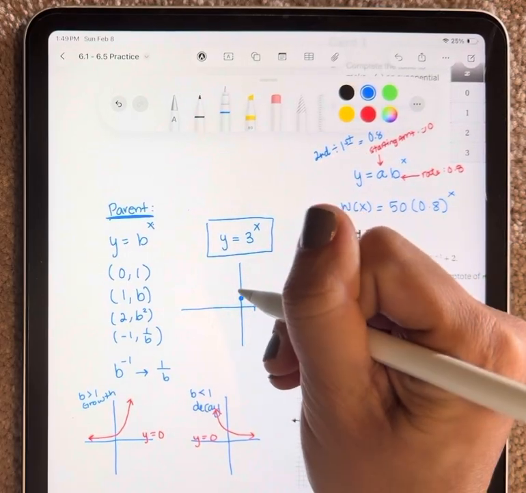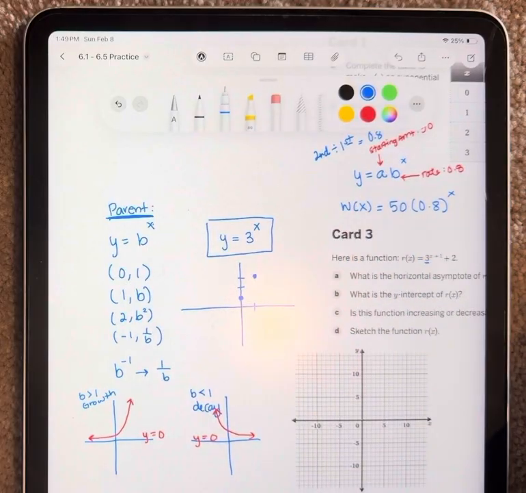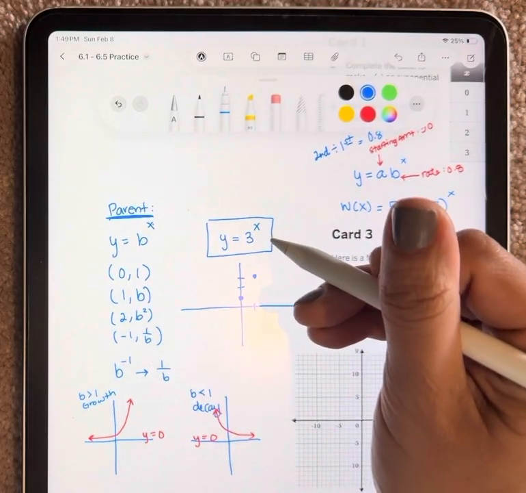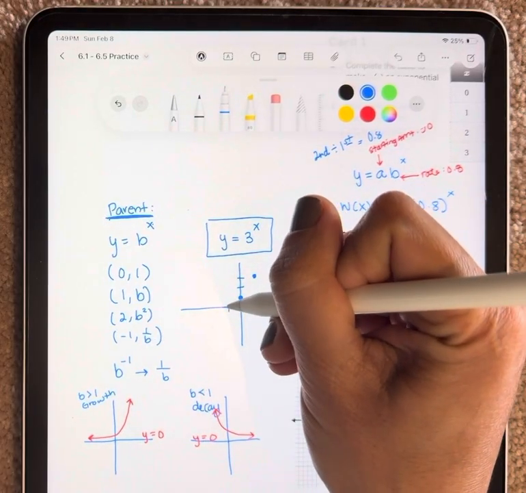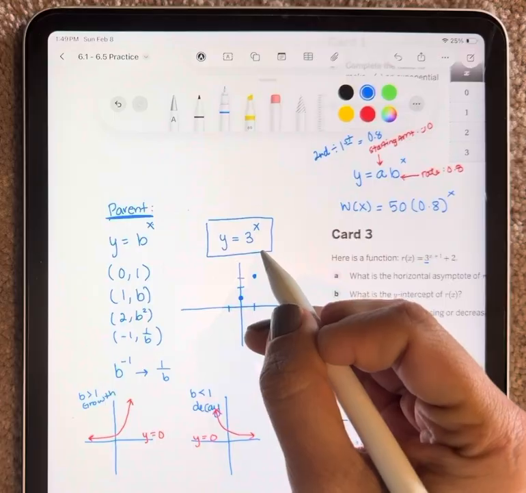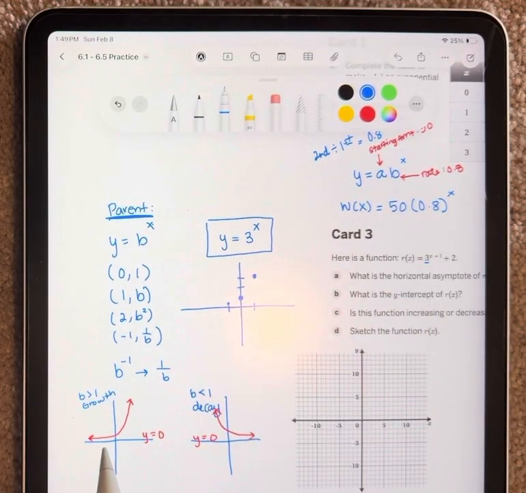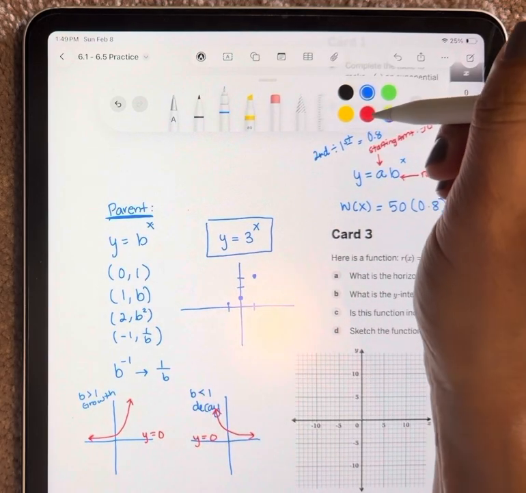So 1 comma 3. And then I could do 2 comma b squared, but b squared is 9. I'm not loving it. However, I could also do negative 1, 1 over b, which is 1 over 3, which is right here. And then you can see the start low and end high shape of a b greater than 1, just like we expected it to be.